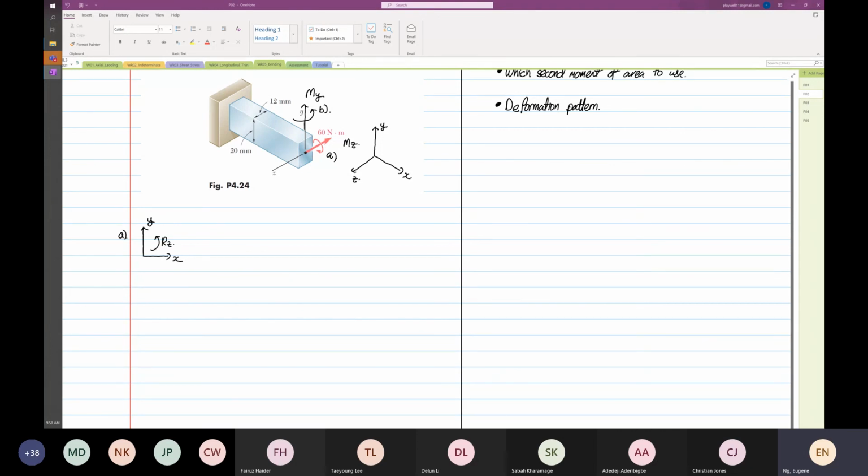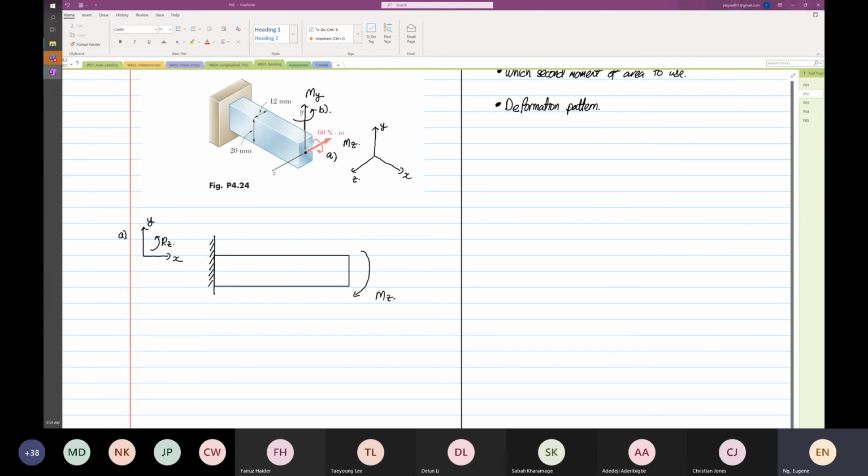So I'm going to draw this structure now. One end is built in, and then over here, this is how our structure is drawn, right? You can see this, yes or no? And then by looking at the moments, we know that the moment about Z is in this direction.